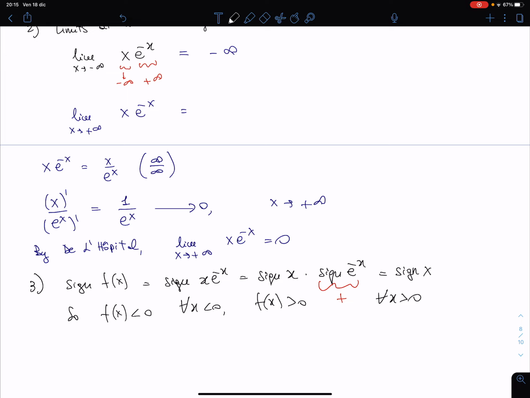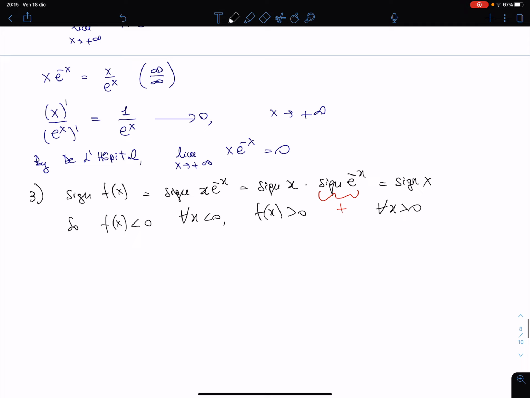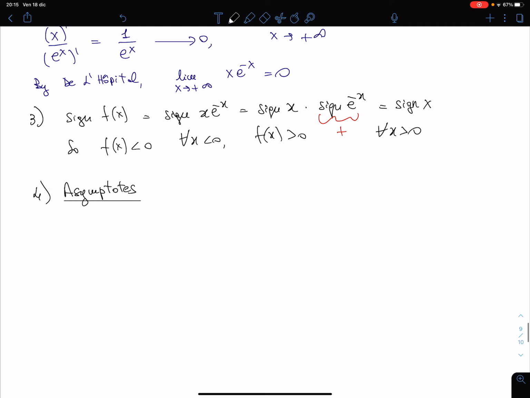Okay. And now the next point is asymptotes. So here you have that limit.